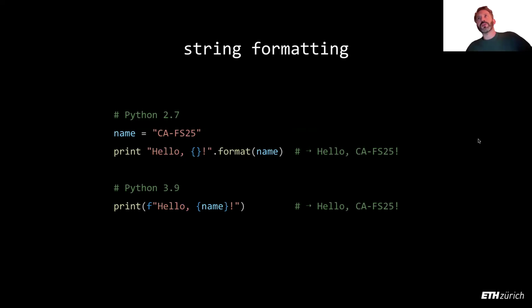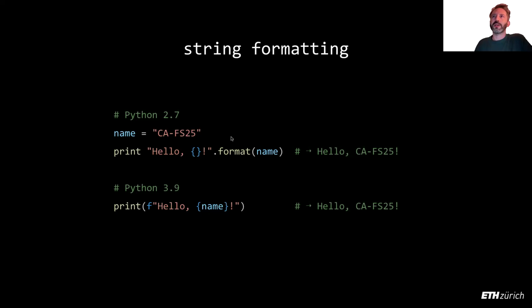And finally, string formatting. This is also relevant. In coding architecture 1, we used a lot of this. We were having a string and it had these curly braces in between that were empty. And at the end, we would use the format function of the string class, and we would pass all the variables that would be injected into this.